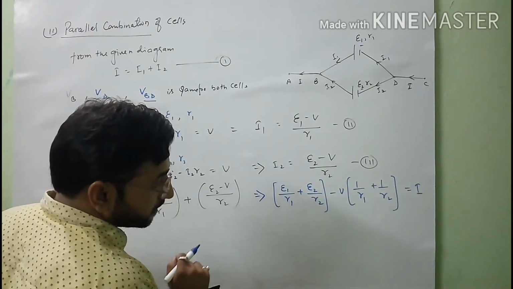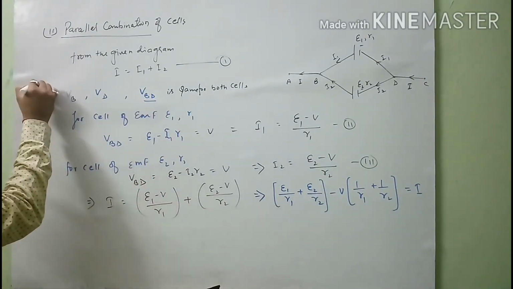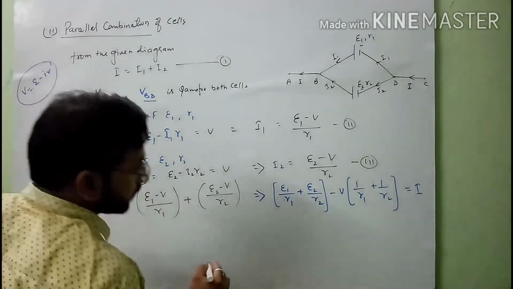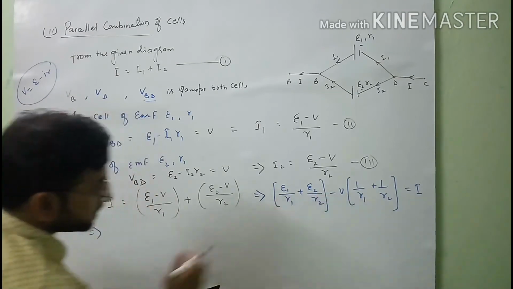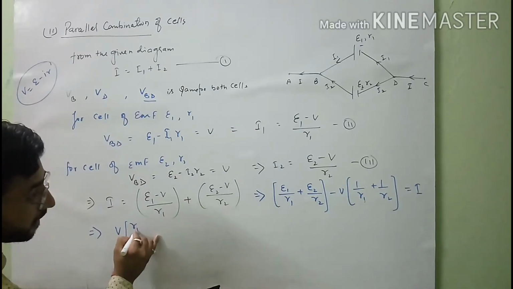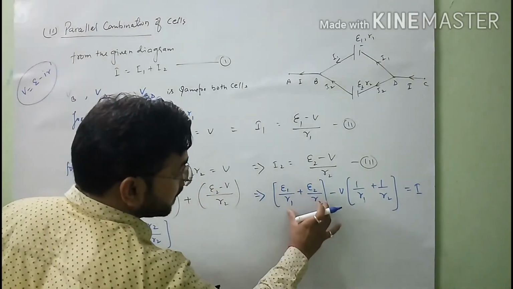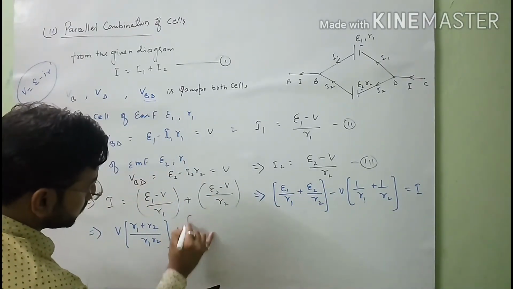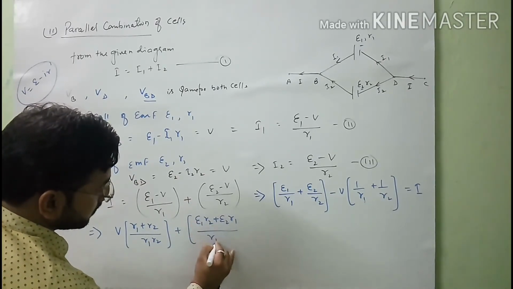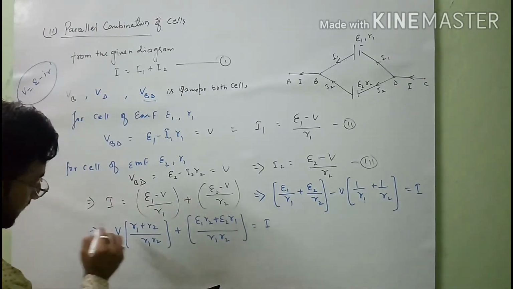After that, student, because we want the value of V, I will use again the relation V is equal to epsilon minus IR. So for that I will rearrange this equation in this way: V times R1 plus R2 over R1 R2, and this part which is epsilon 1 R2 plus epsilon 2 R1 over R1 R2, is equal to I. Now this is a negative symbol.